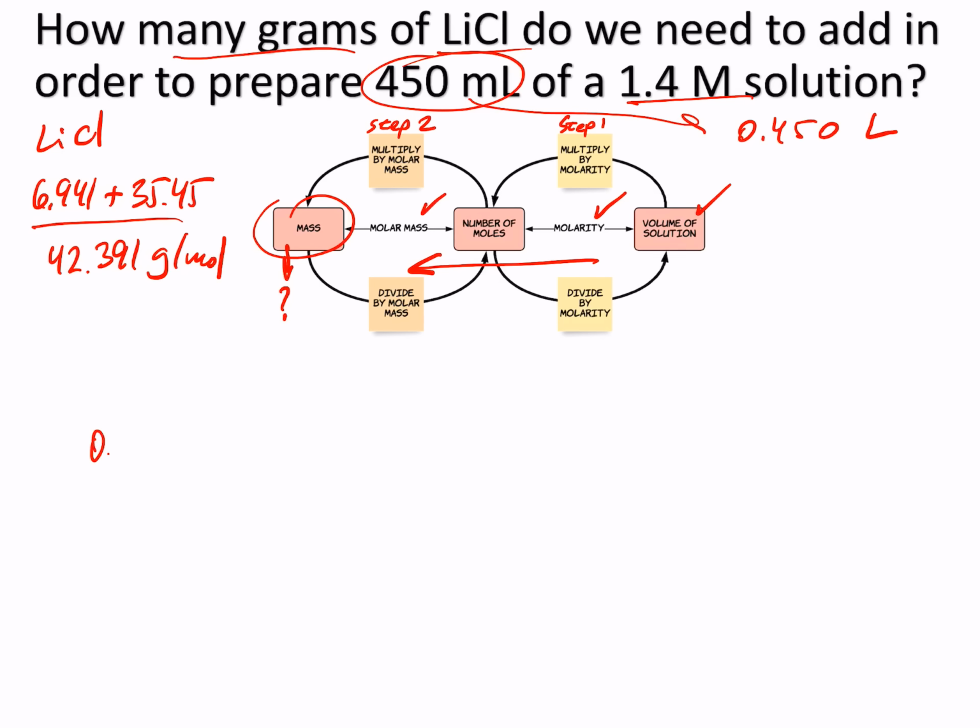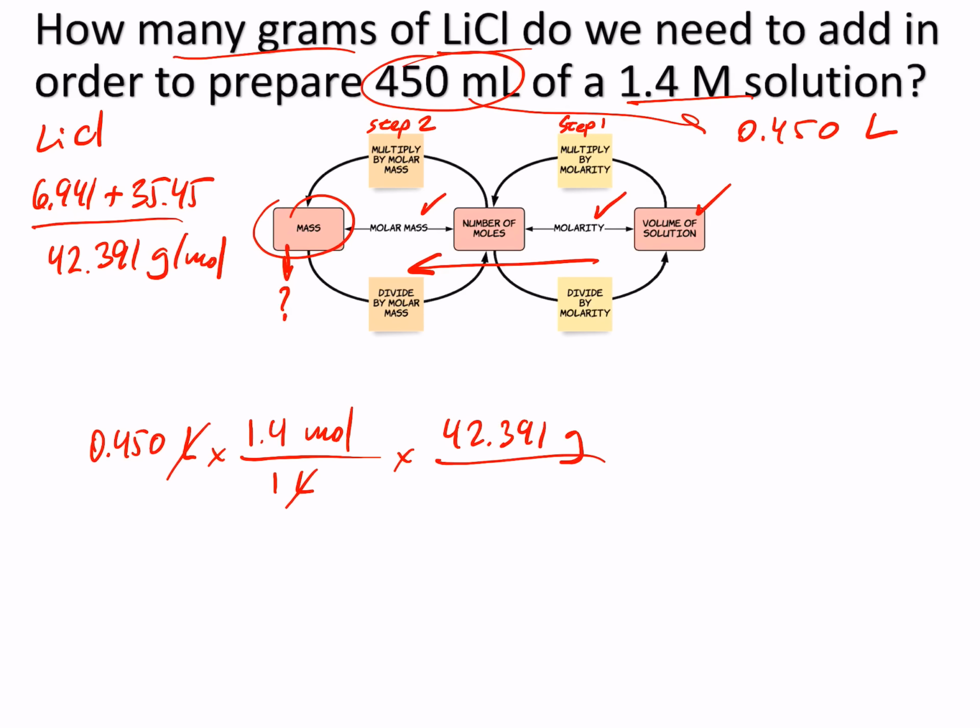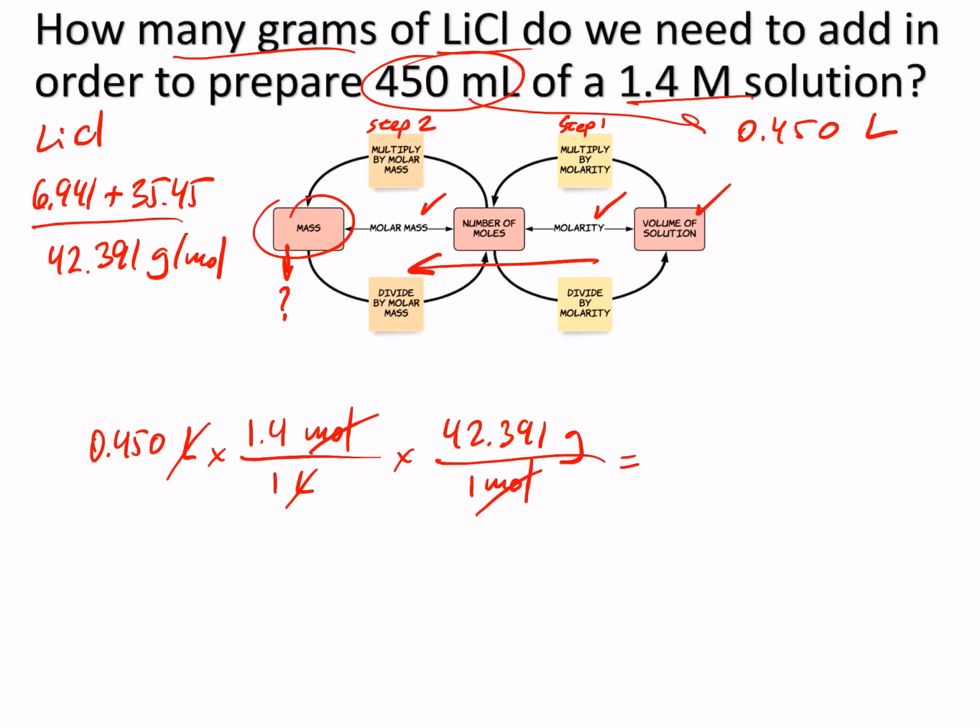So we start with 0.450 liters times 1.4 moles of lithium chloride divided by 1 liter, liters cancel with liters, and then times 42.391 grams, that is 1 mole of lithium chloride. And here we end up with 26.7 grams of lithium chloride.